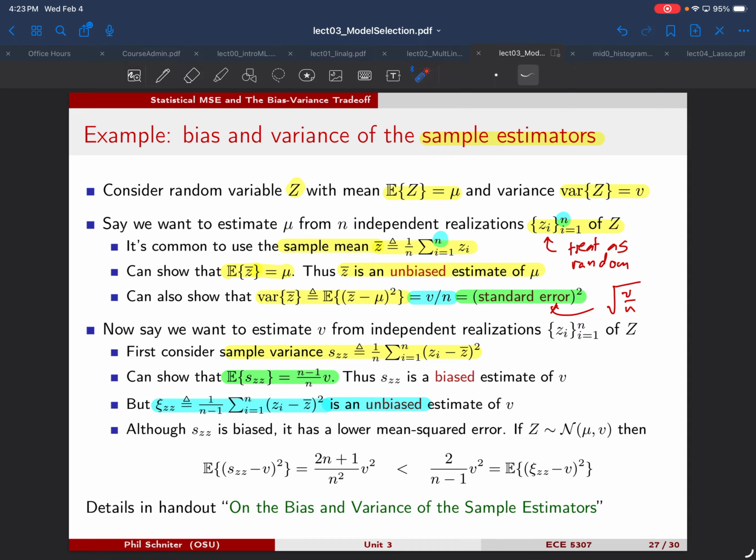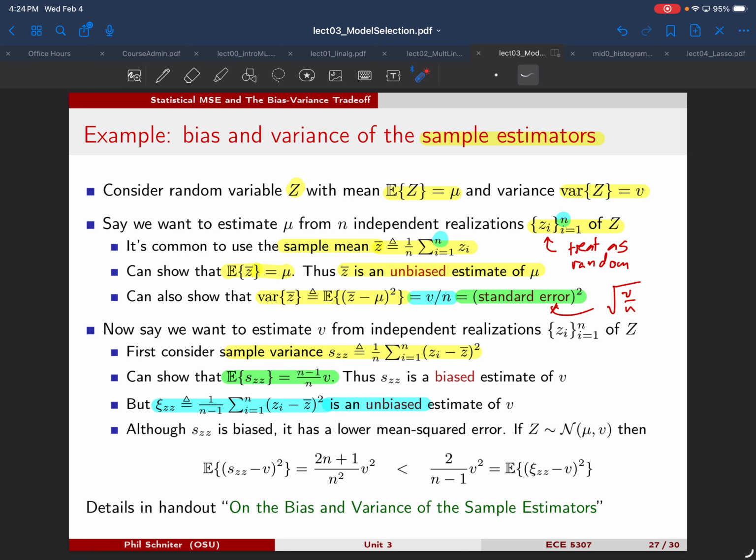Okay, so here again, you have to ask the question, what do you want? If you really care about getting something closest to the truth in the mean square sense, you actually want to use the biased one. If you want something that is just unbiased, that you can trust in that way, you have to put up with a larger mean squared error. Just how this works. And these properties, you see these a lot in statistics and machine learning.